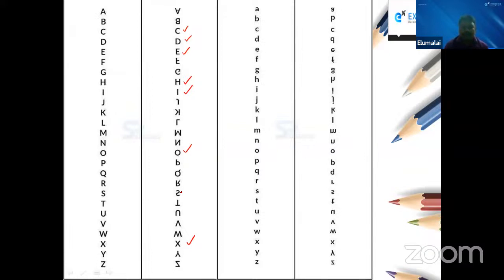That's it. When you come to the small letters, then you can see c, o, x. Right. That's it. Then l. Yeah.